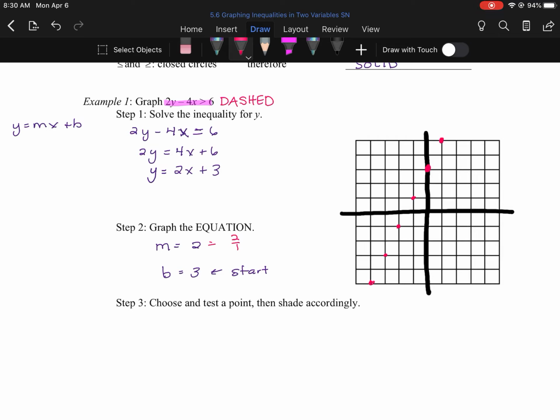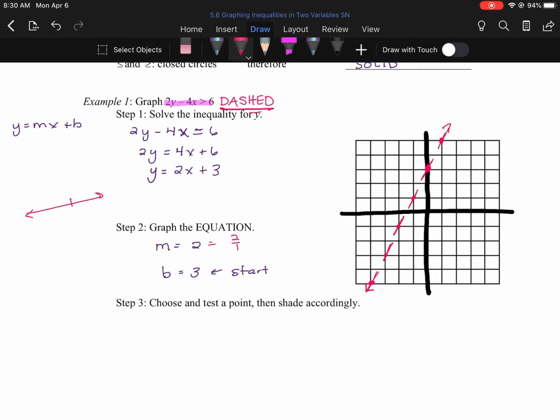Because I know myself, I sometimes forget when I go to draw my line and I accidentally make it solid. And if you do that, but you have the word dashed up by the problem, I won't take off any points. All right, so now I'm going to go ahead, put my dashed line here, and there we have our inequality.